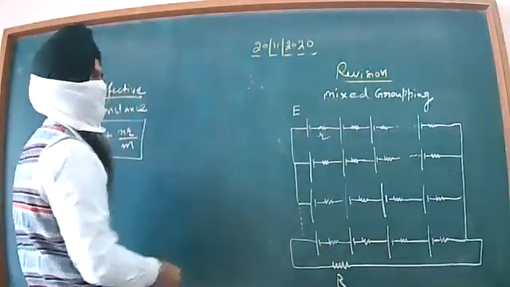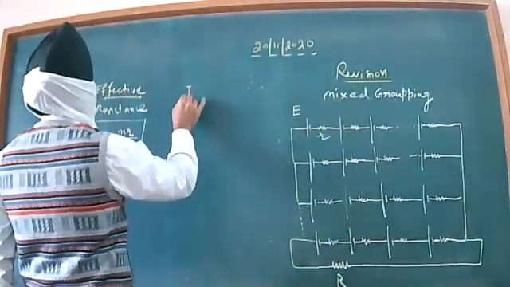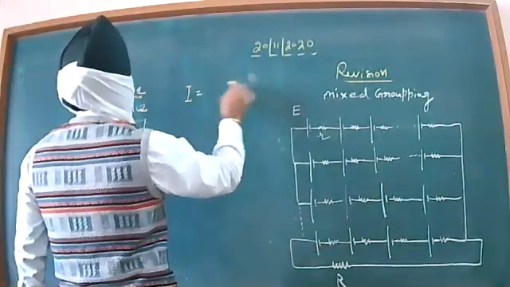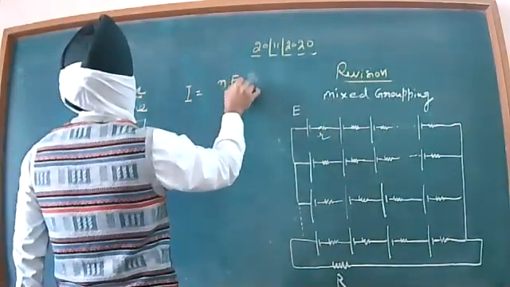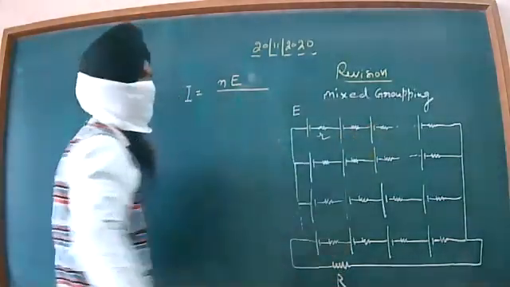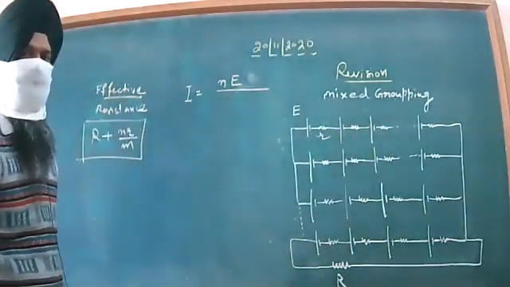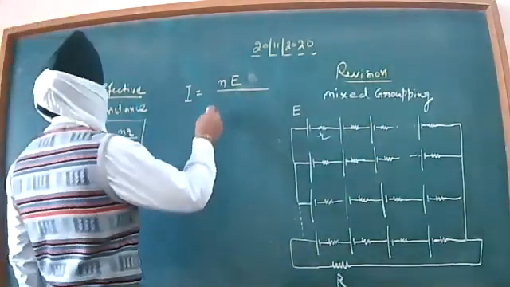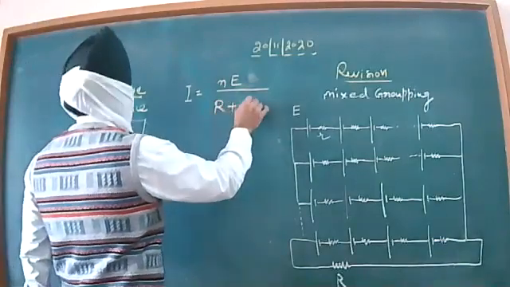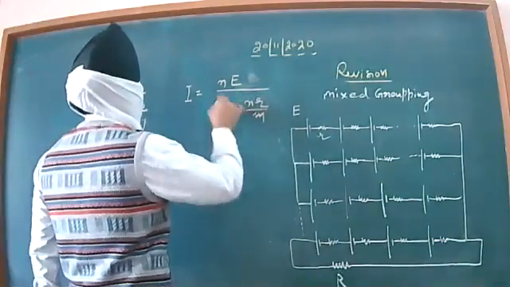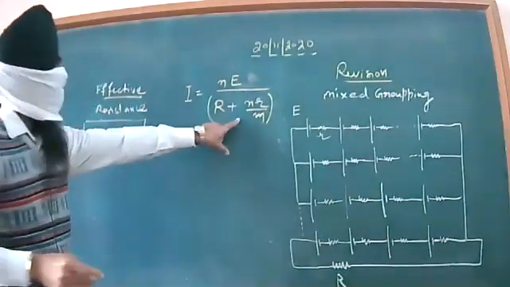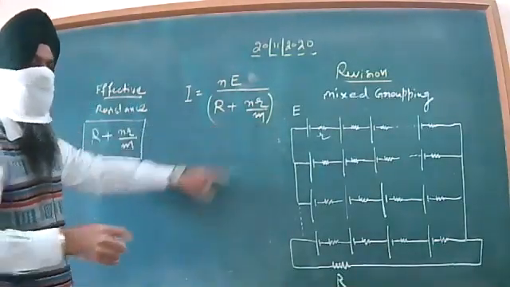Now, dear children, to find the electric current flowing through this whole circuit setup, we will say that the electric current I is equal to n into E, which is the net value of EMF given by the circuit, divided by capital R plus nr upon small m. The denominator can be solved further.